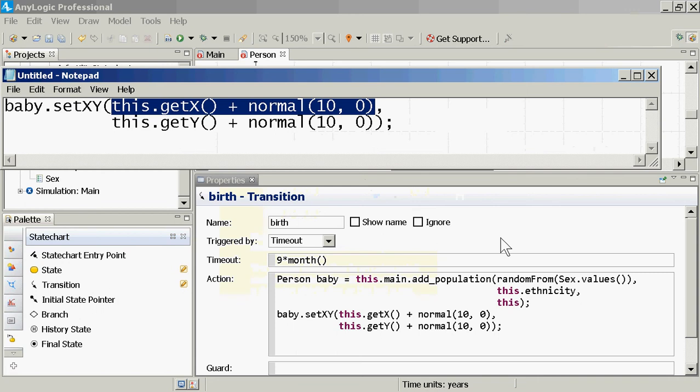It's going to draw from a normal distribution with a standard deviation of 10 spatial units and a mean of 0. For the y location, set xy also needs a y, and we're going to give it the mum's y plus a perturbation of standard deviation 10, normally distributed. Are people comfortable with that? Okay.